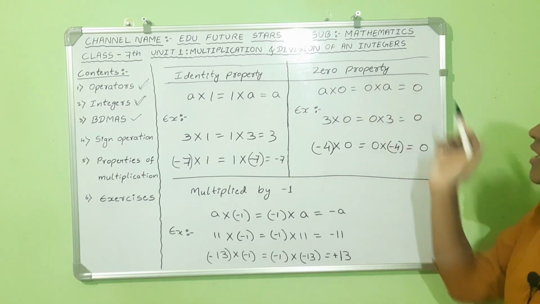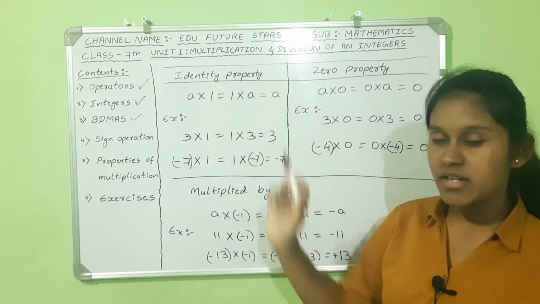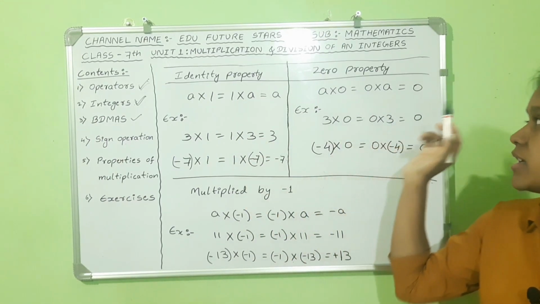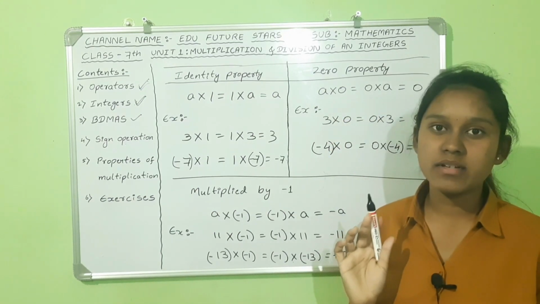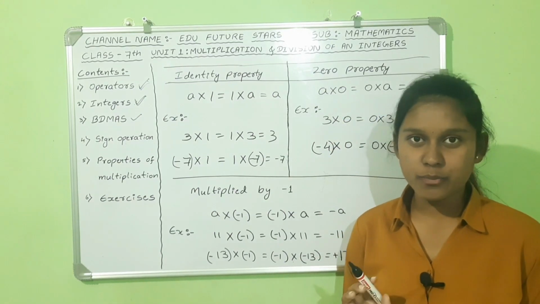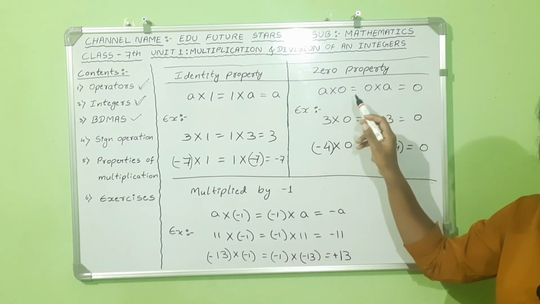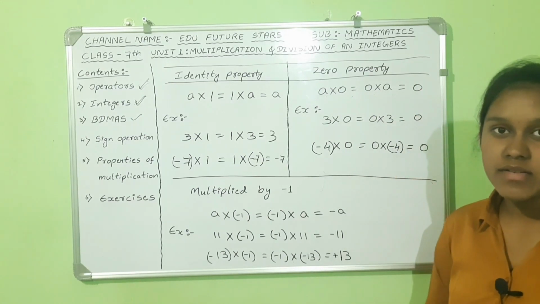Next we have zero property. Zero property is the same as identity property. Here we are taking 1 as the identity, and here we are taking 0. When 0 is multiplied with any number, that gives the result as 0. So let's see here. A is multiplied with 0 and 0 is multiplied with A, which gives 0 as the result.